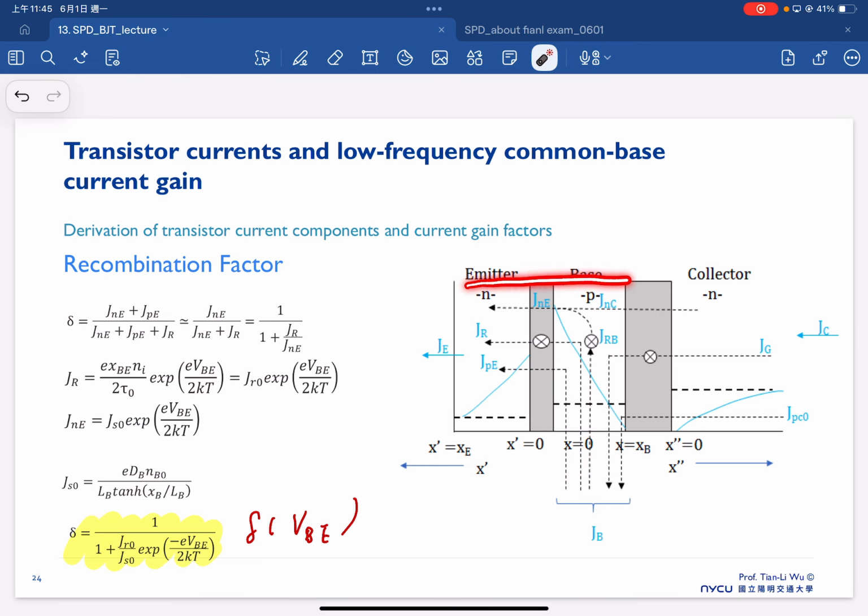You have electrons from the emitter to the base, and holes from the base to the emitter, and somehow recombination can happen here. That for sure is related to your applied bias, because your bias VBE will determine how many electrons go from emitter to base and how many holes go from base to emitter.